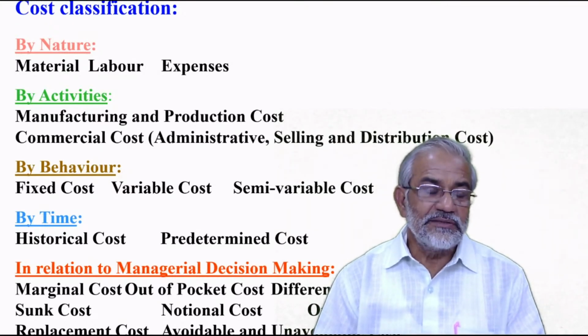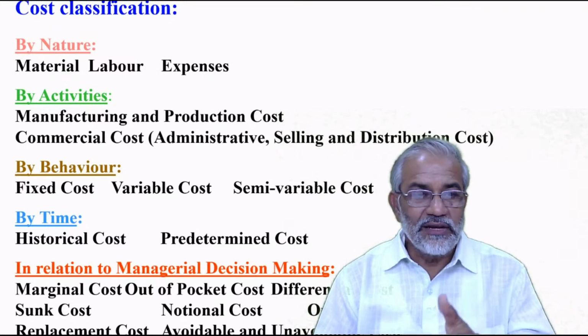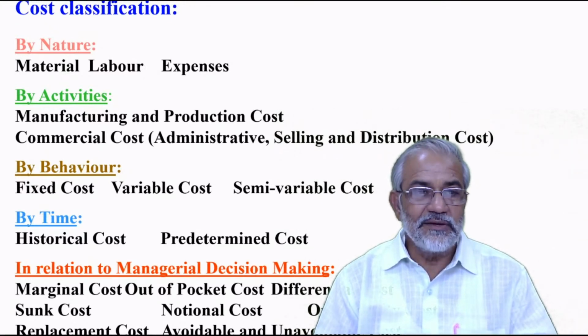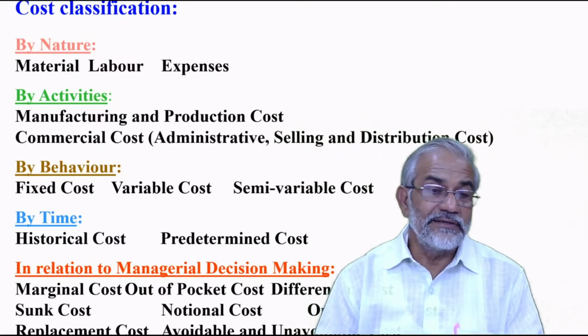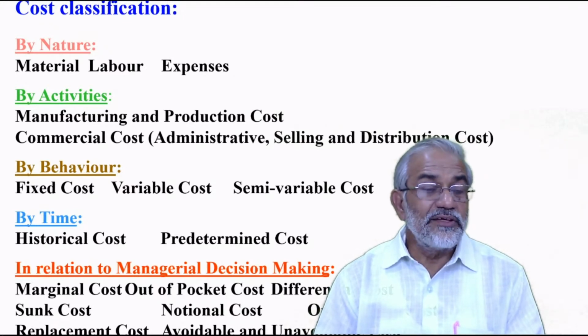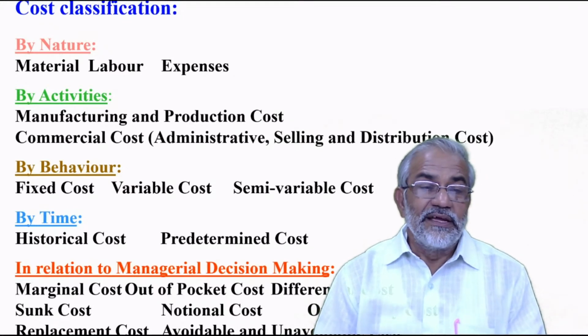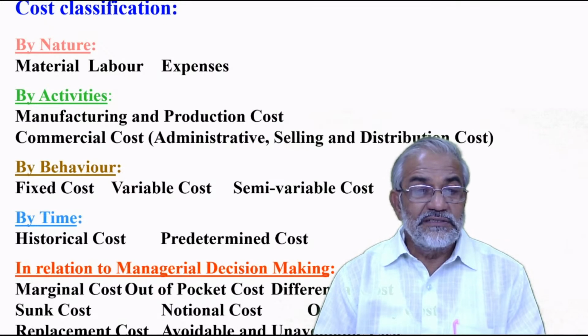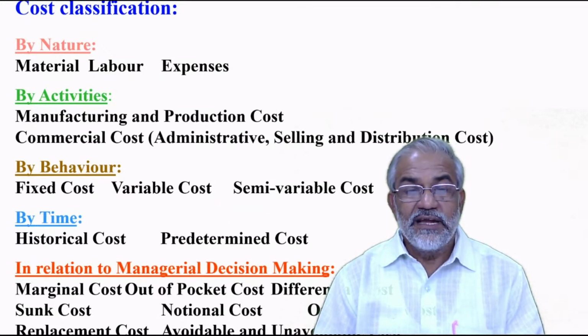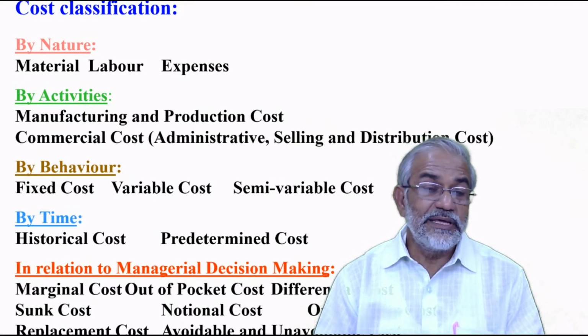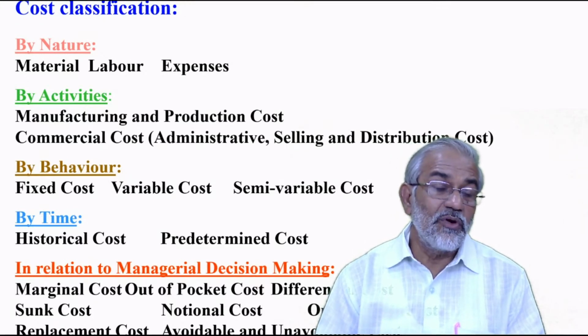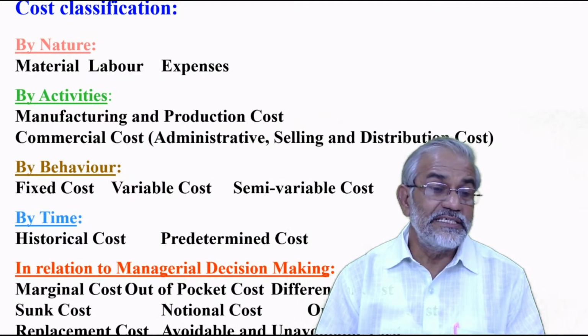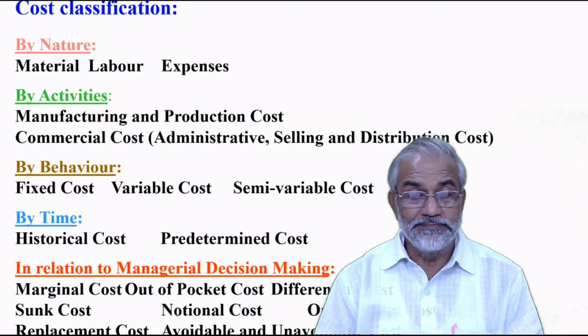Then come to the next way of classification of cost, that is on the basis of behavior. When the cost is classified on the basis of behavior, it comes as fixed cost, variable cost and semi-variable cost. Fixed cost is that cost which remains constant irrespective of the volume of production to a certain degree and for a certain period of time.